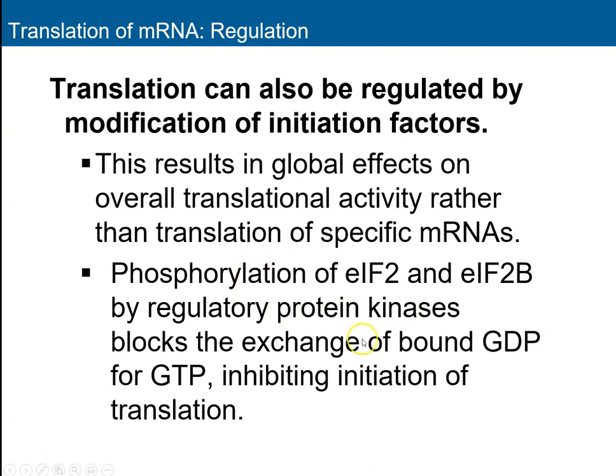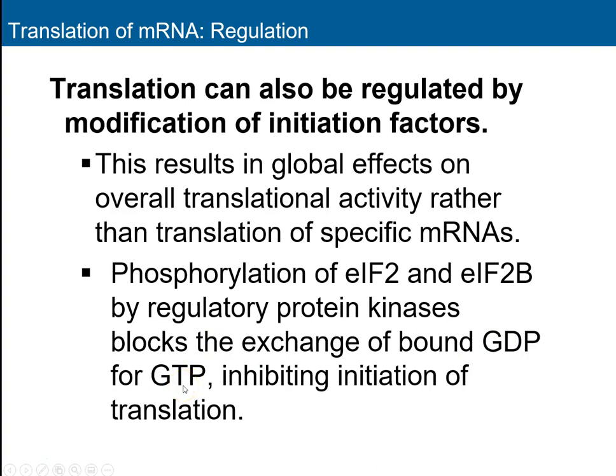So remember, I think we mentioned this before, a protein kinase or a kinase in general is a protein that phosphorylates proteins, okay? So they are regulatory molecules. And so if the initiation factor is phosphorylated, it will block the exchange of the GDP for GTP.